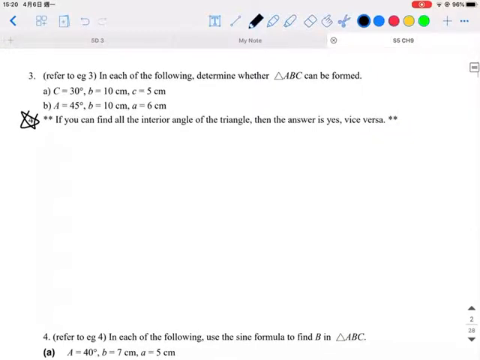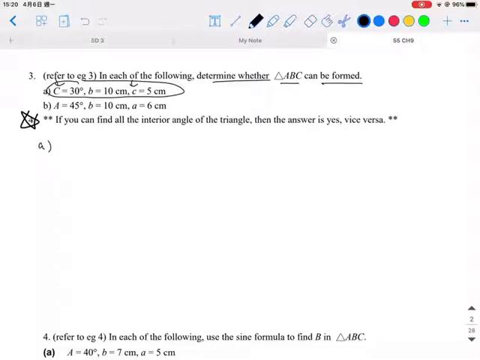And for question number 3, determine whether triangle ABC can be formed. First of all, we need to consider the data. We have a pair of it, c and angle C, right? So we need to find angle B in it, and state whether we can find all three angles, so that we can know whether the triangle can be formed.